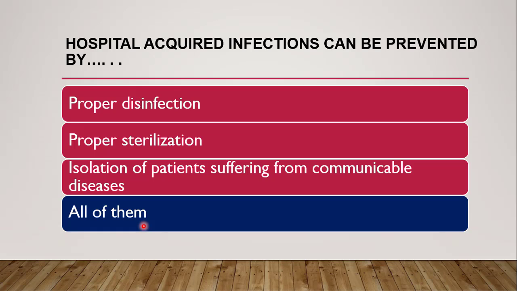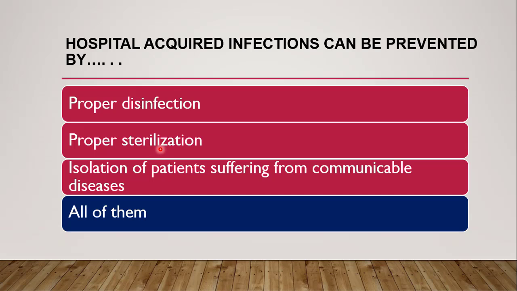Then contaminated food, water, drink may also be one of the reasons, and some articles of the patients which were there earlier, like used beds, furniture, clothes, sink, basin, etc. So these are possible sources. So how can we prevent them?